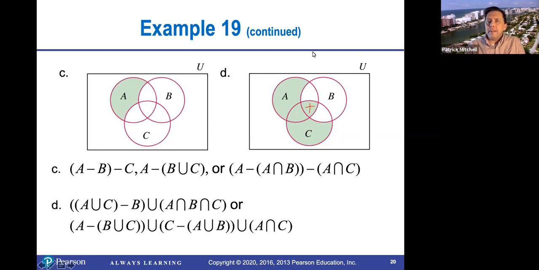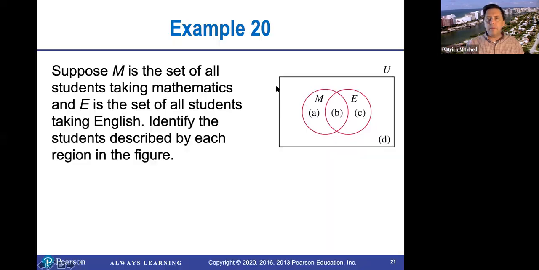All right, let's see what else we got. All right, so here's another example. Suppose M is the set of all students taking mathematics, and E is the set of all students taking English.